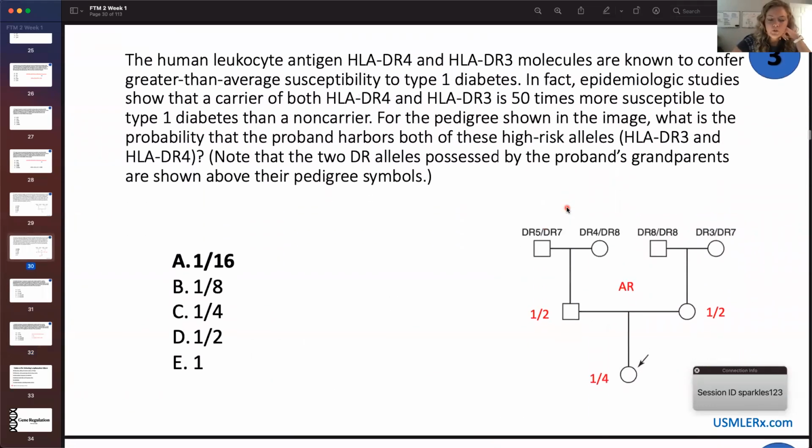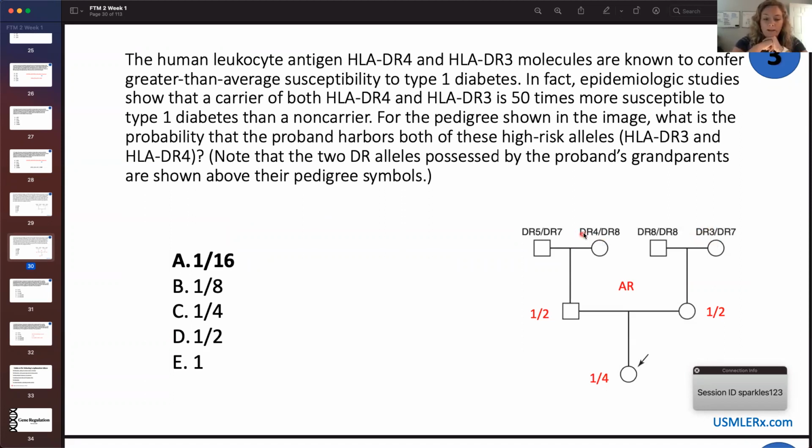So what you have to think about here is, if you're looking at the first generation, it's showing you the alleles that the grandparents of the proband, the person in question, have. But the first sentence of the question is telling us that the ones we're looking at are going to be the DR4 and DR3.